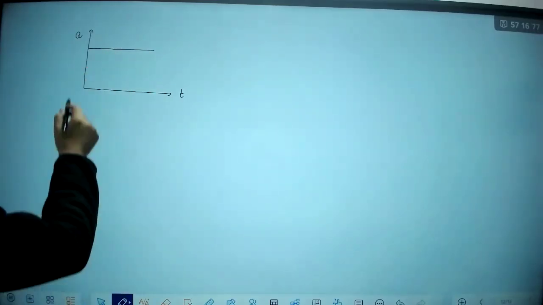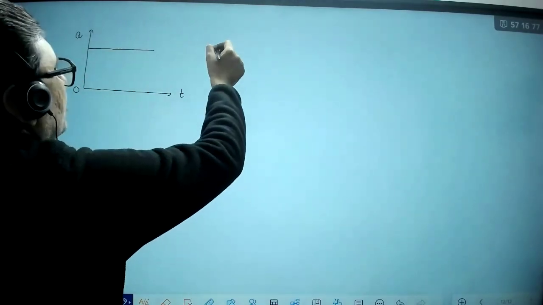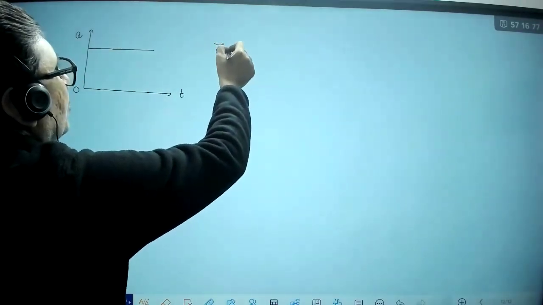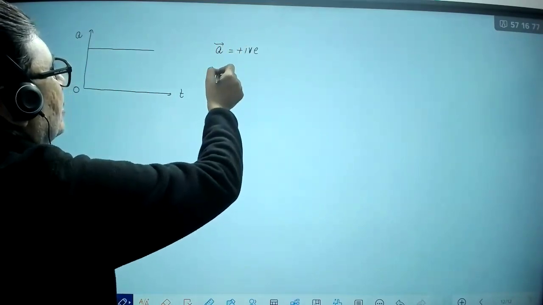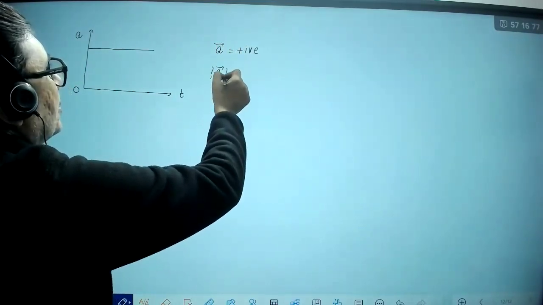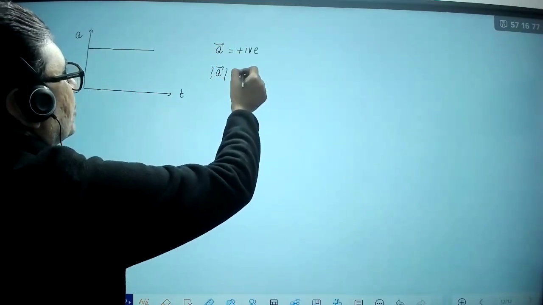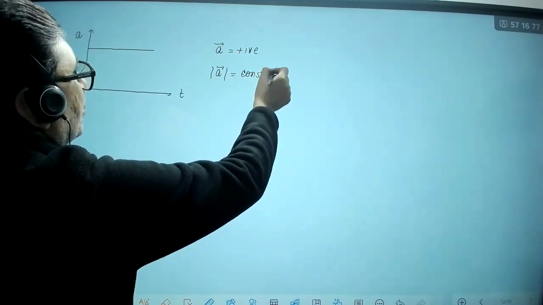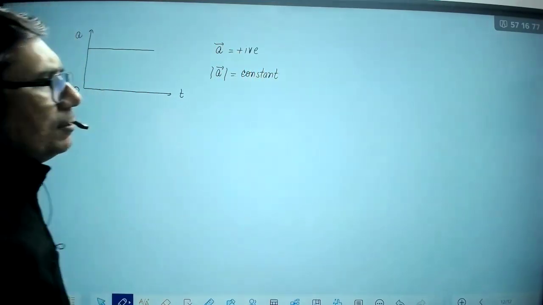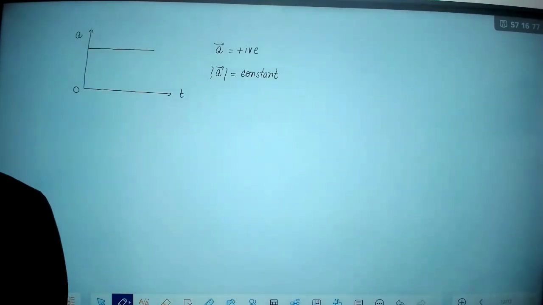So acceleration is positive here. This is 0. And second, the magnitude of this is constant.